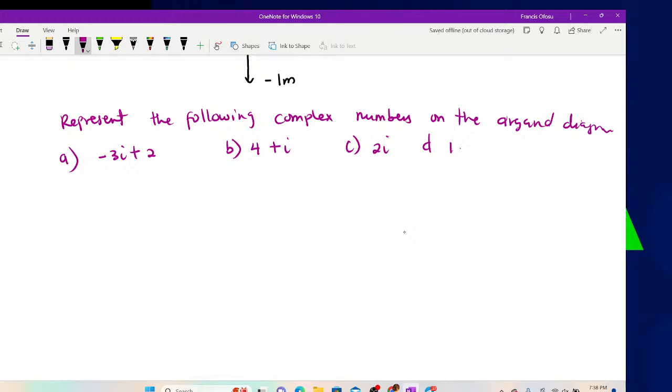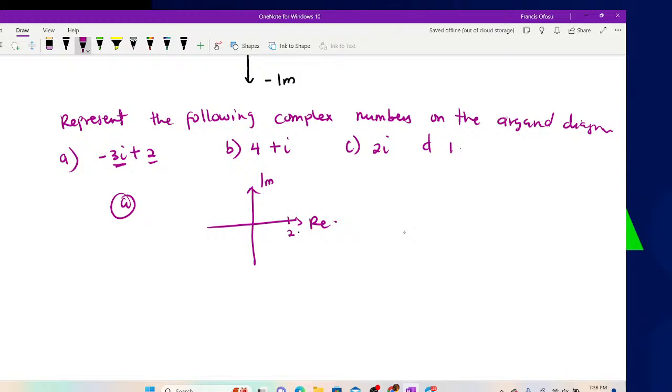To represent this on the complex plane, we simply get A. I'll draw my Argand diagram. This place is our imaginary. On the imaginary side, I will represent what? My imaginary part of the complex number, and on the real part, I'll represent the real part of the complex number here. So I'll just simply write 2 here.